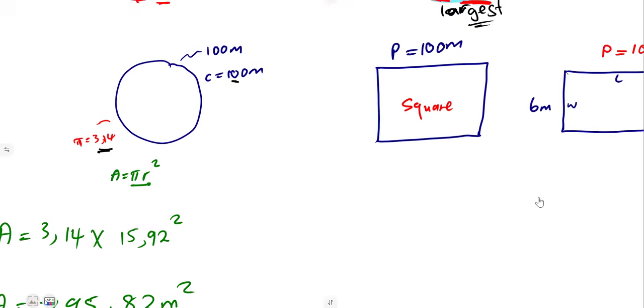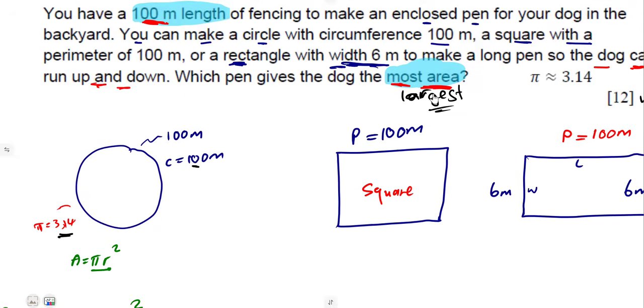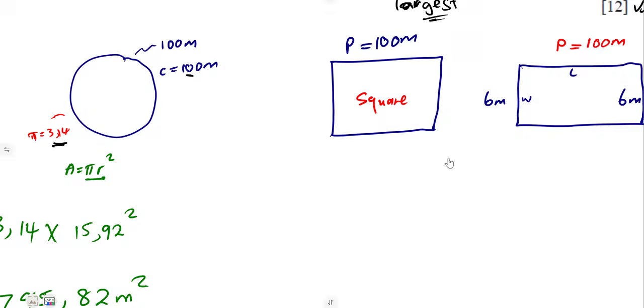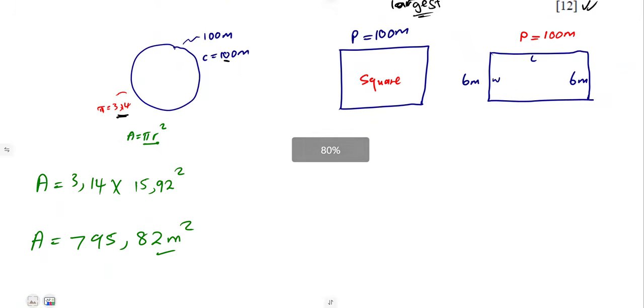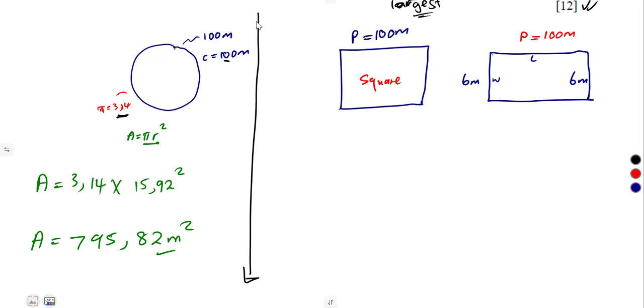So the question is, which one is going to give us the largest area? It's a comparison, so you have to compare your answers. You move on to the square and do the same thing. You find its area. We were told its perimeter is 100.